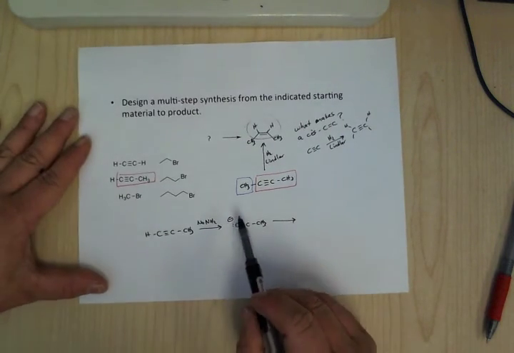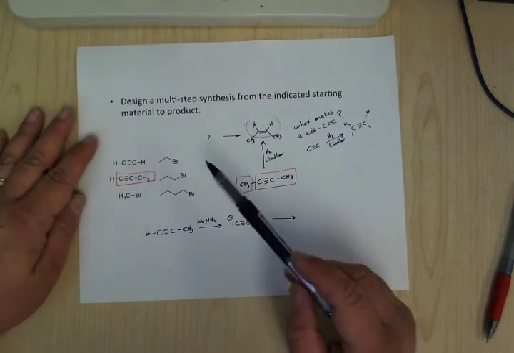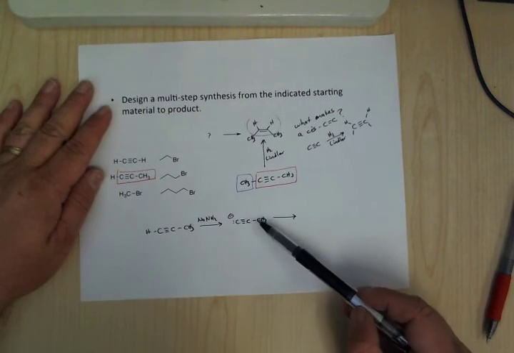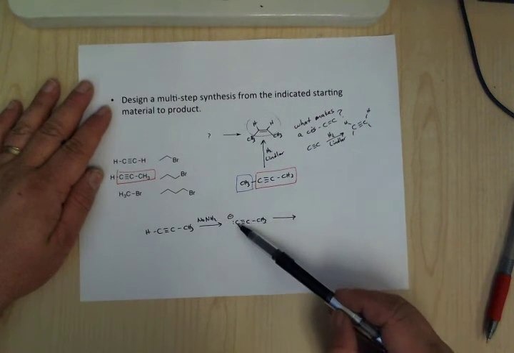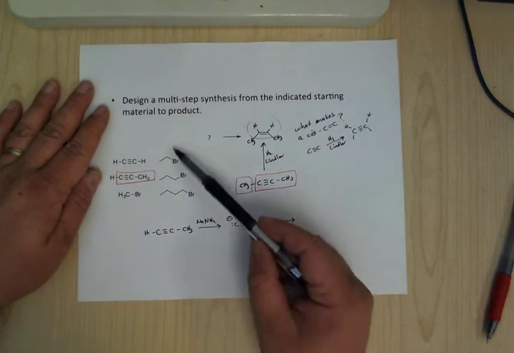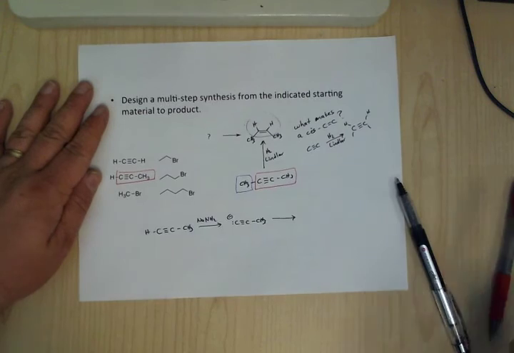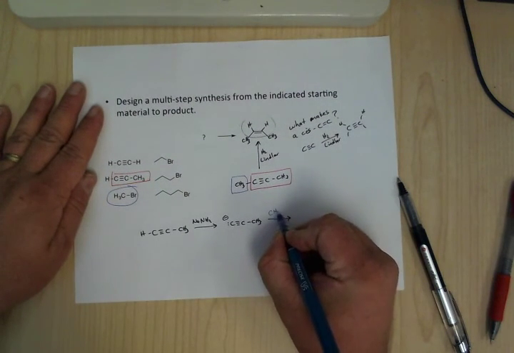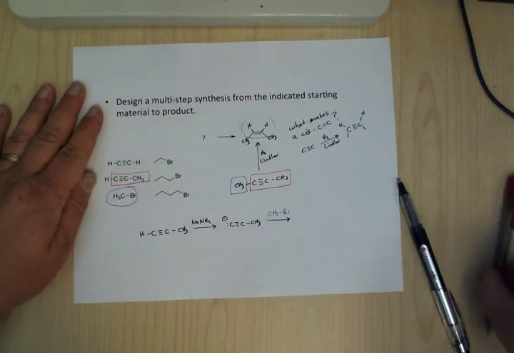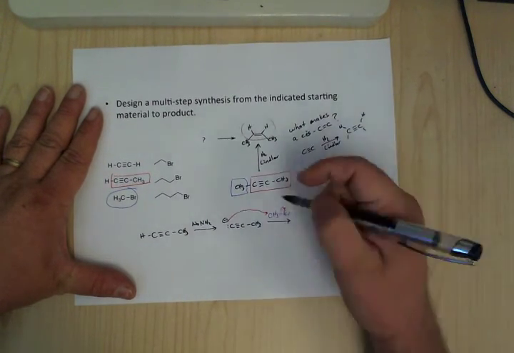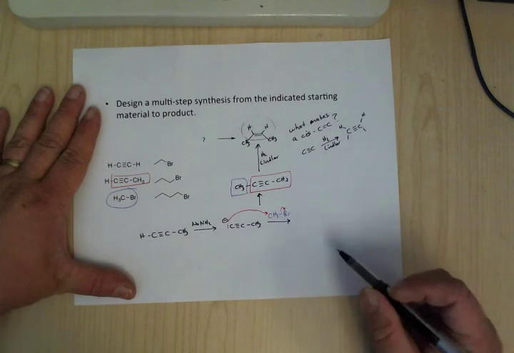This is all ready to go, and this can go in and attack a bromide to add carbons on there. We have three carbons. Our final product's going to have 4, so we need a 1 carbon piece. You look on here. Is there a 1 carbon piece? Yep, there is. It's right here. So if we add that, this is going to come in and attack, displace this to give you that product there.